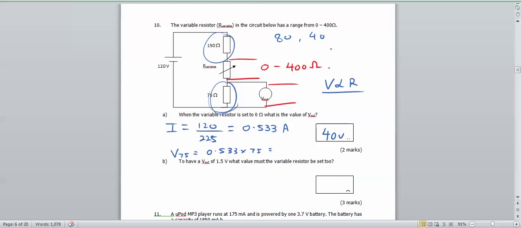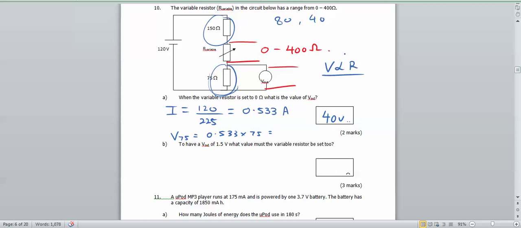To have a voltage out of 1.5 volts, what must the value of the variable resistor be? Now that's where some of you are going to struggle if you don't know how to do your setting out properly. So voltage out is equal to 1.5, which is equal to the current, which we don't know, times the resistance, which is 75.